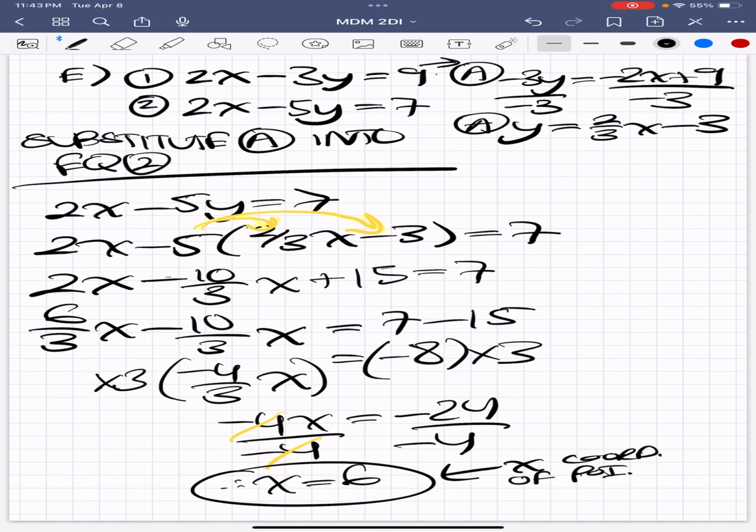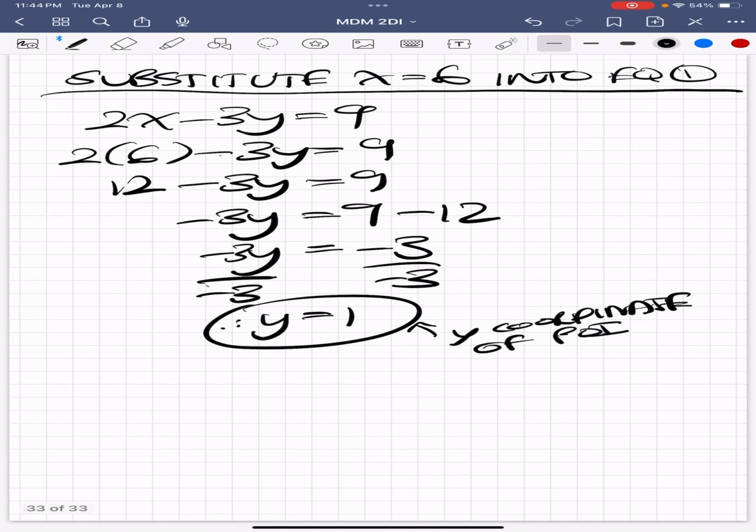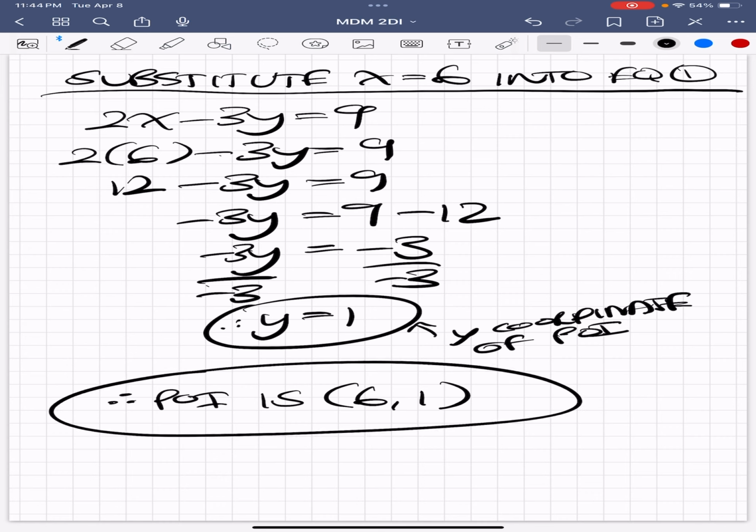I'll give you a minute to write that down and just take a good look at it. And our point of intersection is (6, 1).